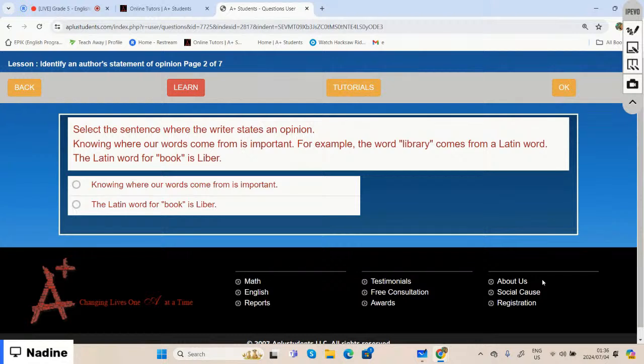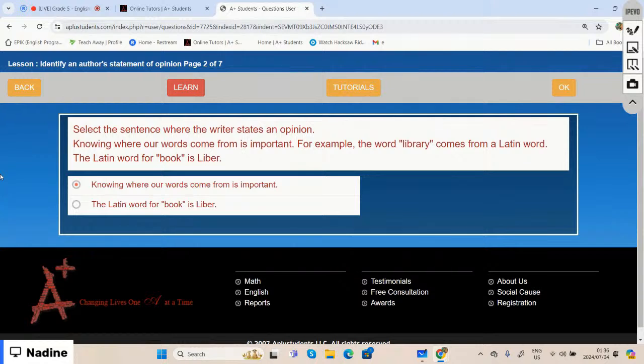All right, and if we were to select the opinion that the writer states, then we will go with option one, because that is the opinion that the writer made, that knowing where your words come from is important.